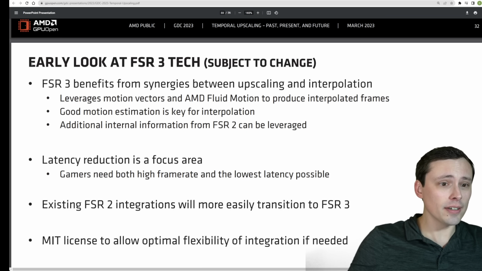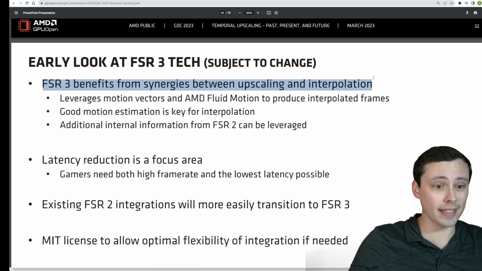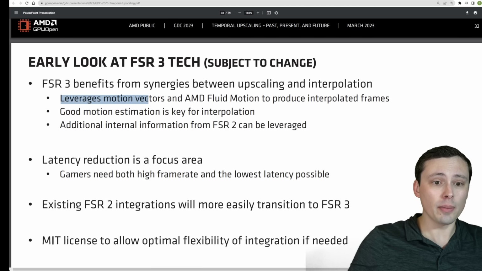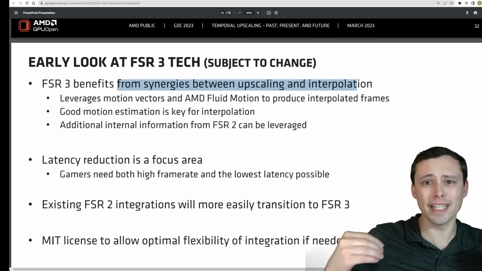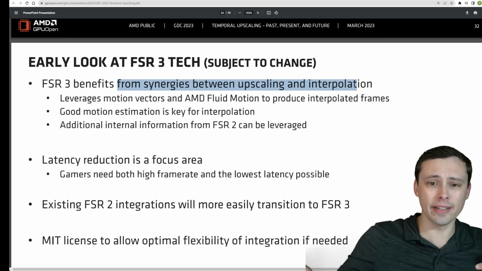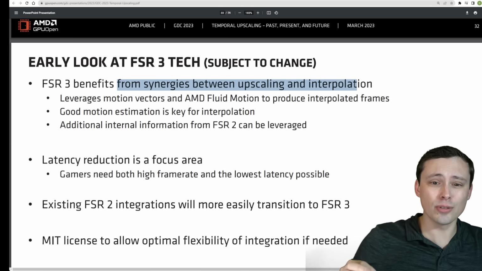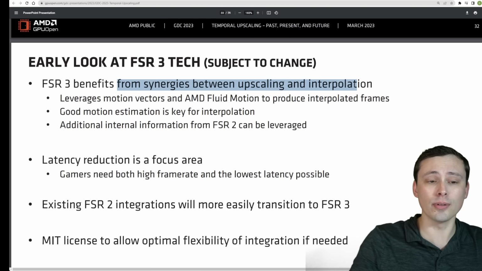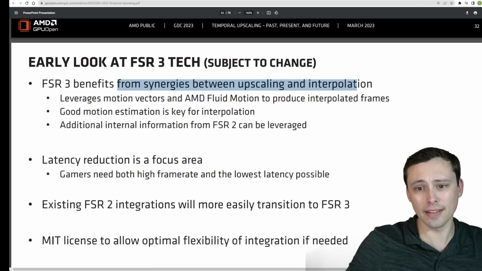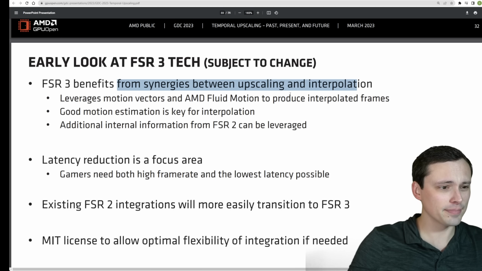So here's their early look at FSR3 tech. FSR3 benefits from synergies between upscaling and interpolation. By the way, I think these synergies are maybe partially what they're already calculating due to the upscaling process. But I think it's also talking about the latency there, right? You cut down on latency through upscaling, and then they'll apply the interpolation.